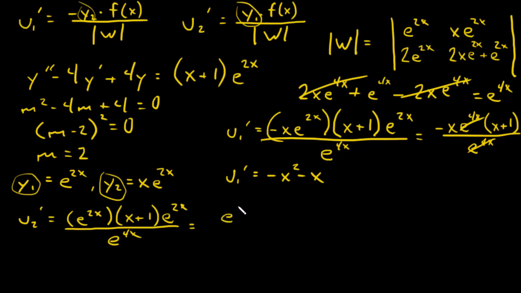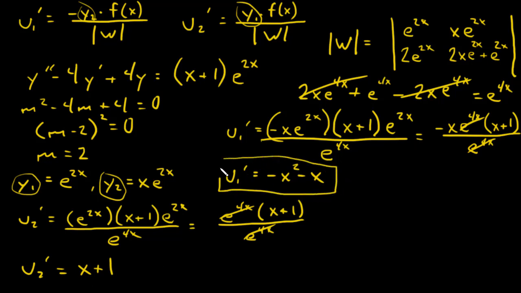This becomes e^(4x) times (x + 1) divided by e^(4x), and these cancel. u2 prime is equal to x + 1. Okay, so I've got u1 prime right here, and u2 prime right here. What I need now is u1 and u2.